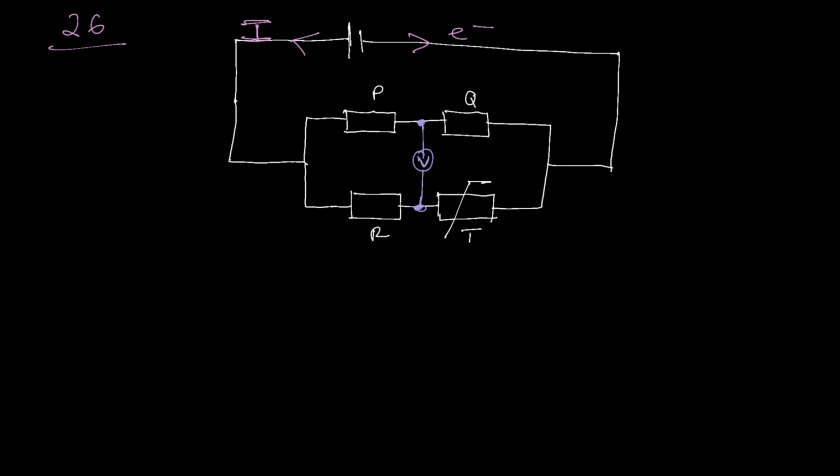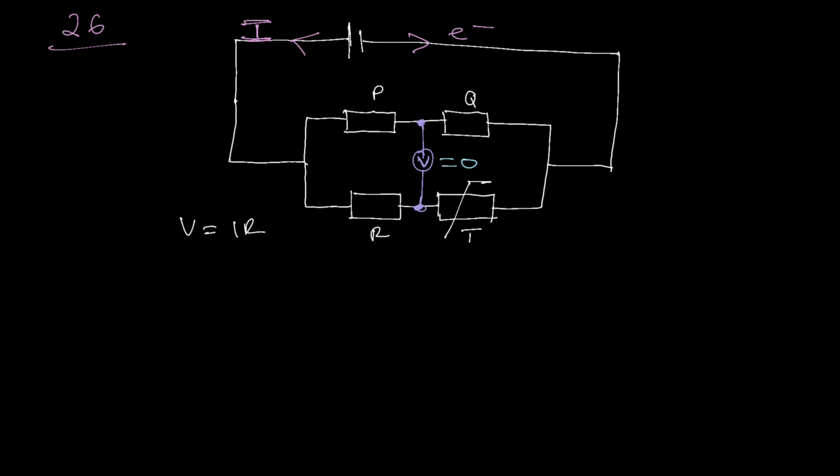Question 26. In the circuit below, the initial voltmeter reading is 0. The temperature of the negative temperature coefficient thermistor T is then increased. Which change in the circuit could result in the voltmeter reading being 0? A. Decrease in the resistance of R, increase in the resistance of R, decrease in the resistor of P, and increase in resistor of Q. So we know the voltage here and the voltage here are the same, therefore that voltage will be 0. If that voltage is 0, what we have is using V equals IR.